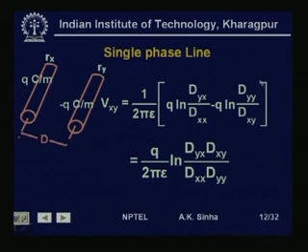So, this can be reduced to q by twice pi epsilon ln dyx into dxy divided by dxx into dyy. That is, this minus is converted to plus by reversing these dxy and dyy, that is taking the inverse of this.